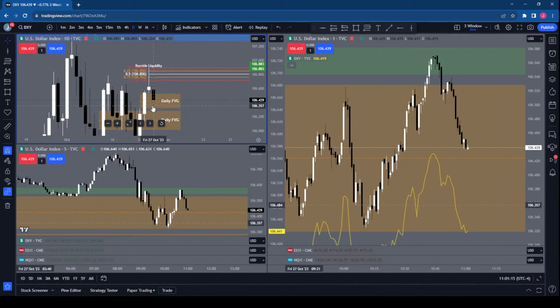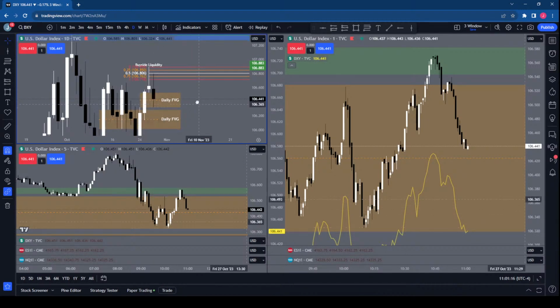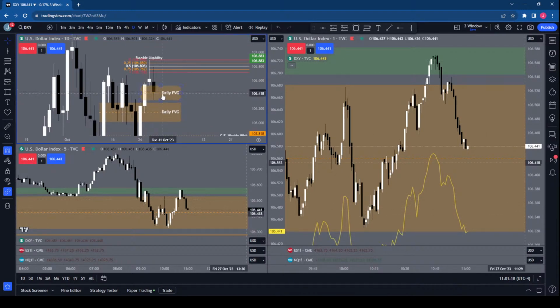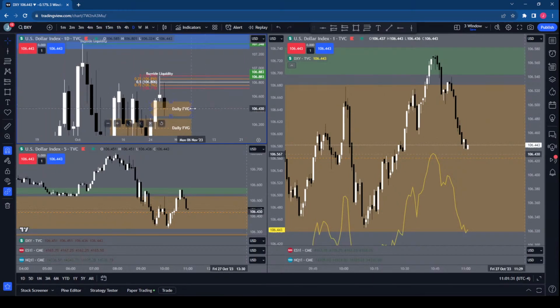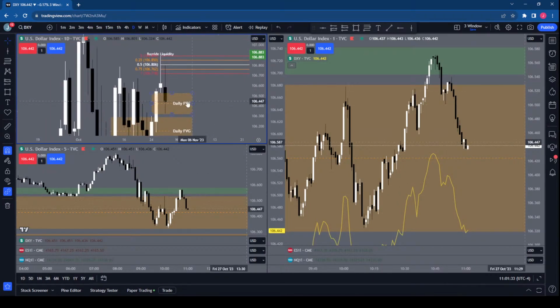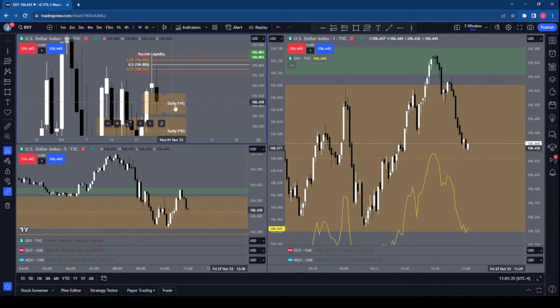I think if it doesn't and it closes in the bottom half, that shows that this fair value gap, for lack of a better term, is weak, and we could just range. We could stay in it longer. We could wick down into this, but I would prefer to see signs that this is a strong fair value gap in the sense that it wants to leave it.